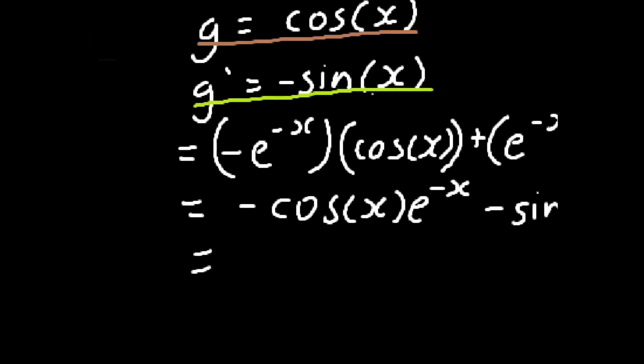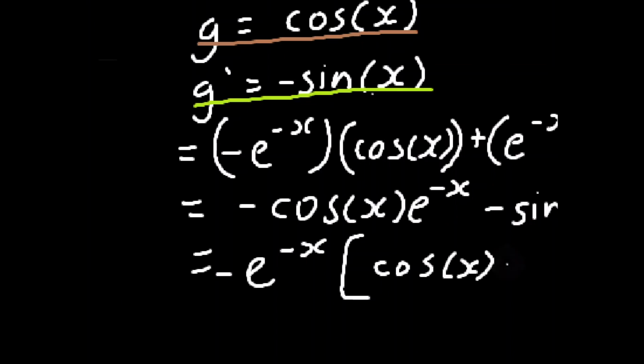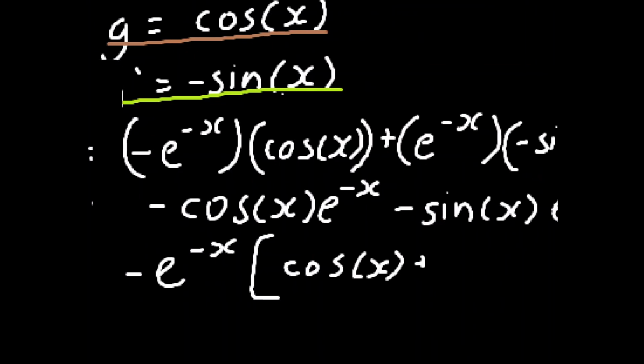We can factorize out that e to the minus x, so we can pull that out to the front. And we can also factorize out the minus, since they both have a minus in front of them, and make it look really easy. But this step is not necessary.